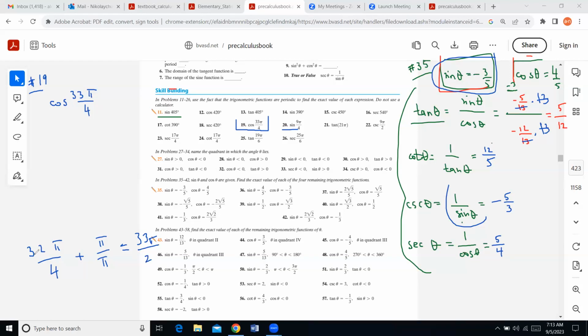Because I can nicely divide it by 4, and this will be 8 pi. So I just rotate 8 times by pi, and this will be like 4 full rotations: 1, 2, 3, 4 full rotations. That's my 8 pi.